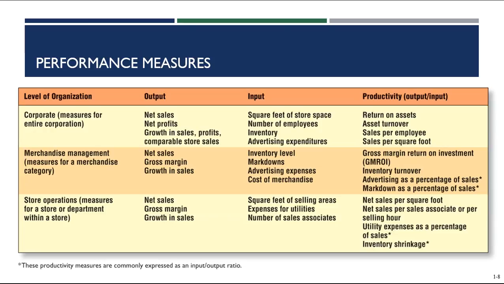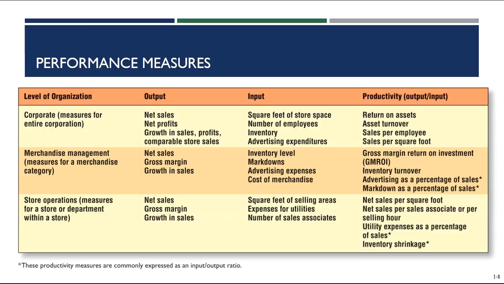We know sales per employee is very important from a people perspective, and we know sales per square foot is very important from a presentation perspective. So a lot of times retailers will use these productivity measures to try to determine if they can increase sales either per employee that they hire or per square foot of selling space that they have. So those are very important.